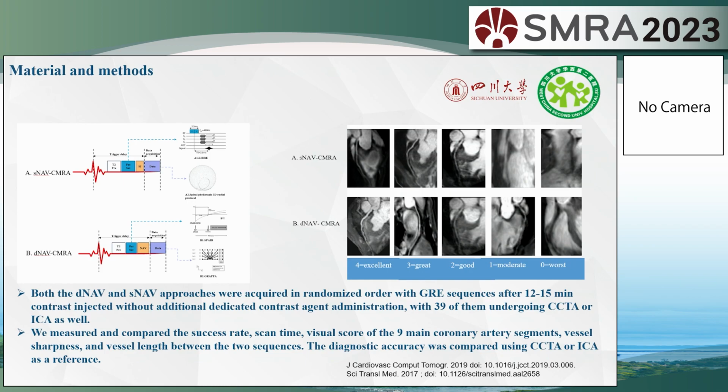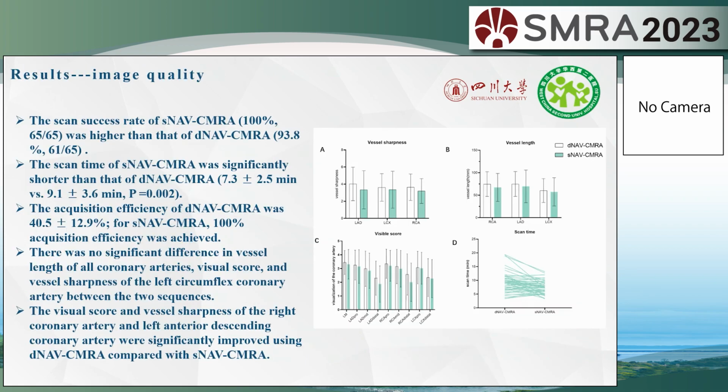We measured and compared the success rate, scan time, visual score of the 9 main coronary artery segments, vessel sharpness, and vessel length between the two sequences. The diagnostic accuracy was compared using CCTA or ICA as a reference.